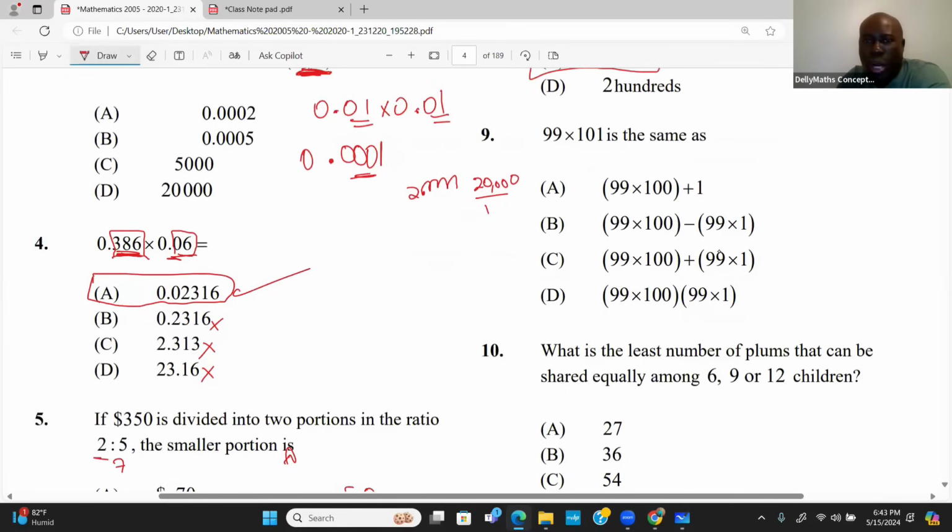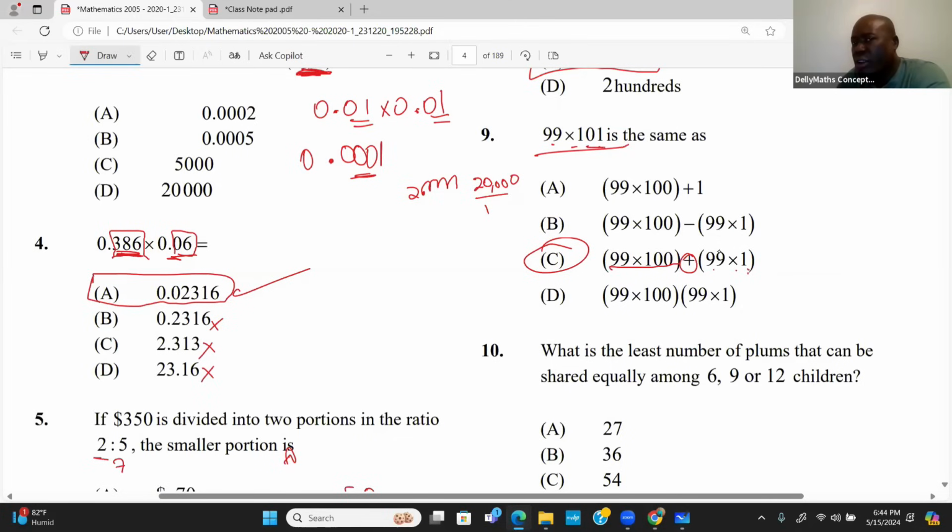All right, let's take a look at this. 90 times 101 is the same as what? So you want to look at this to say which one of these would make sense. Is it 99 times 101? Is it 99 times 100 plus 1? Or is it 99 times 100 minus 99 times 1? Or is it 99 times 100 plus 99 times 1? I'll take this one because 99 times 101 is the same as having 99 a hundred times, plus having 99 one more time.